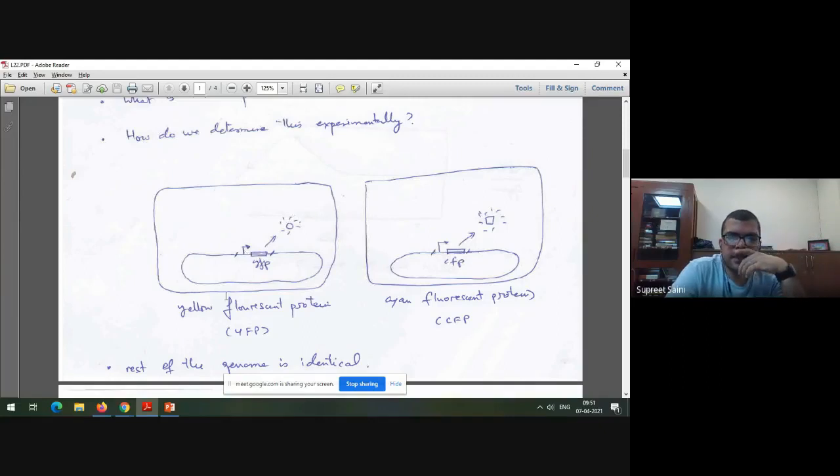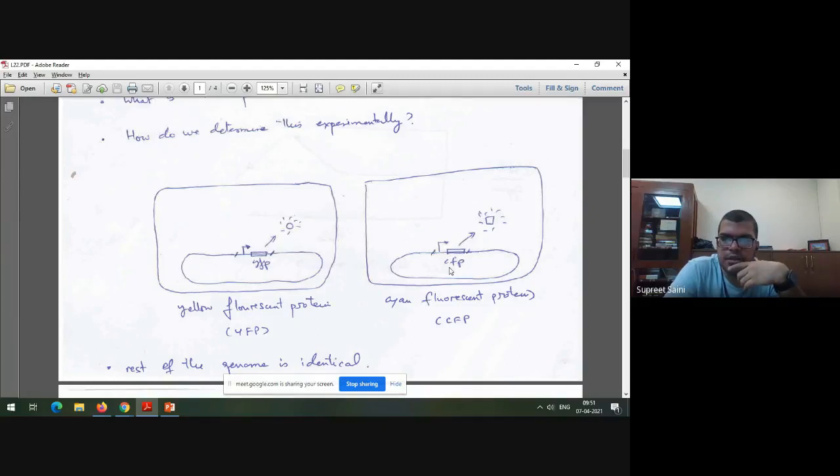Hence, in this environment, YFP is being continuously made, and every cell carrying this construct is going to glow and look yellow under a microscope or in a FACS or any other such analytical device. So everybody carrying this construct is going to look yellow.